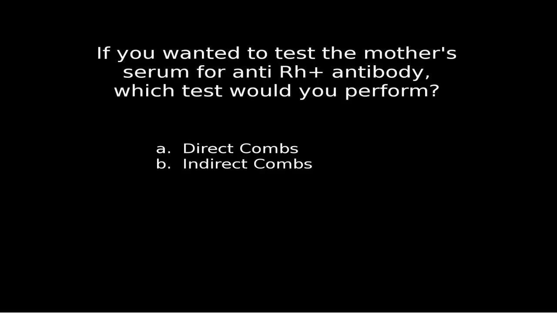And then number 12. We didn't talk much about immunodiagnostics. We'll try to throw it in here and there. But one of the questions they like to ask is with regard to a direct or an indirect Coombs test. So number 12: if you want to test the mother's serum for Rh positive antibody, remember, she's Rh negative, but the little guy's Rh positive, which test would you perform, a direct Coombs or an indirect Coombs?